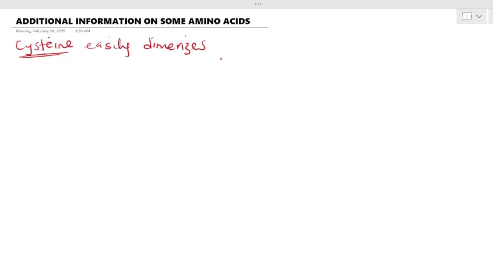So among the 20 common amino acids, cysteine has the ability to easily dimerize to form a new molecule called cystine.